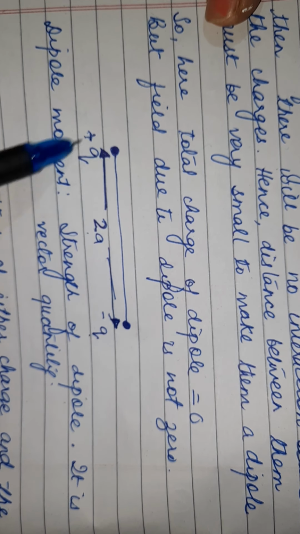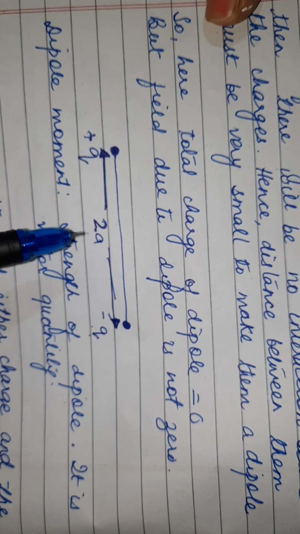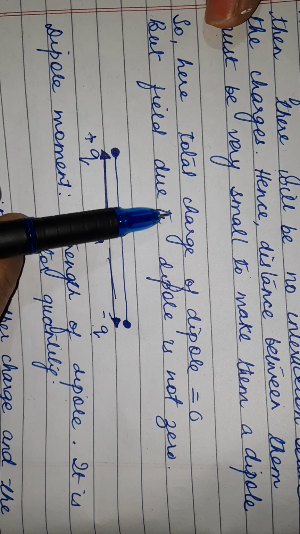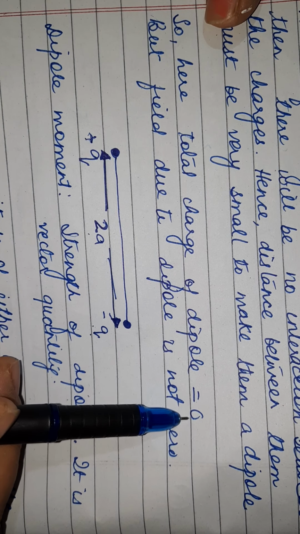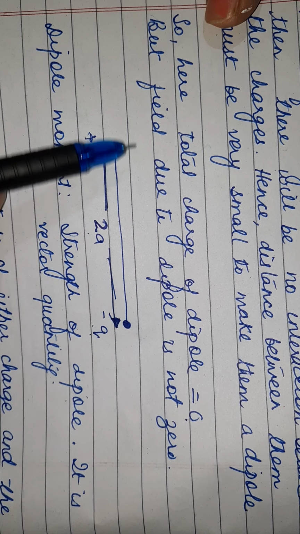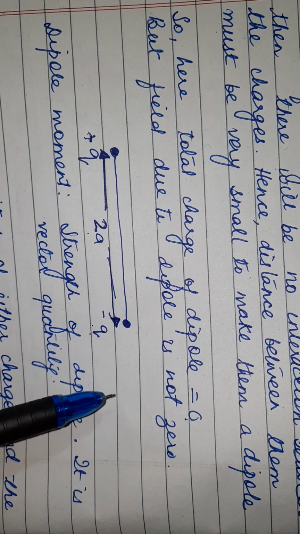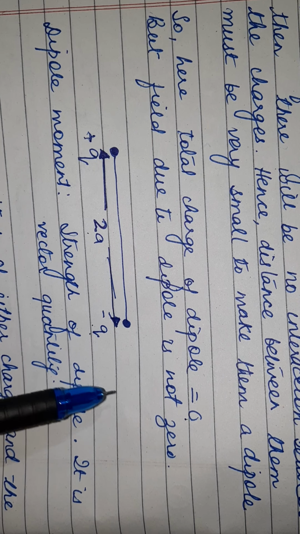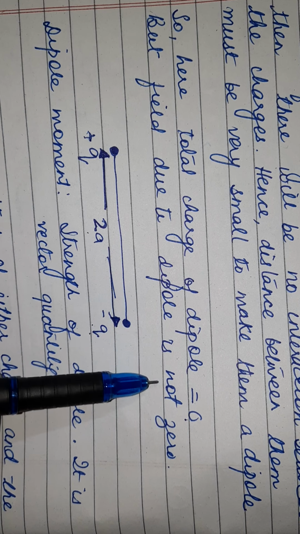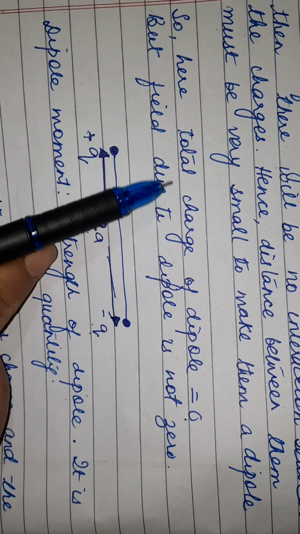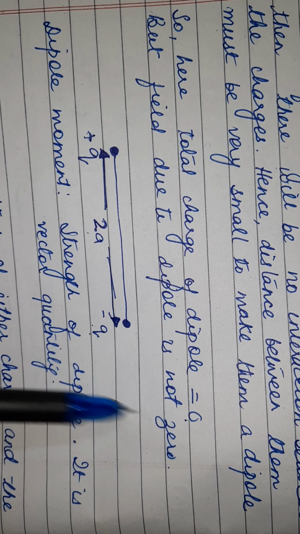Now this constitutes a dipole. The total charge of the dipole is 0, but the field due to a dipole is not 0. We will see further during the explanation that the field due to a dipole is not 0, whereas the total charge of the dipole is 0.